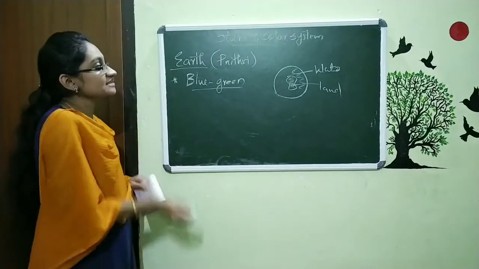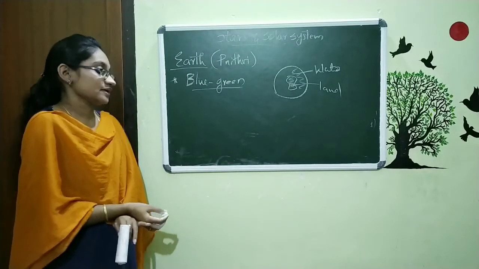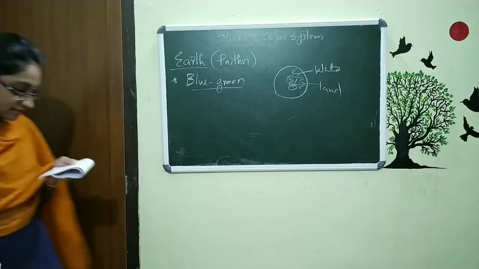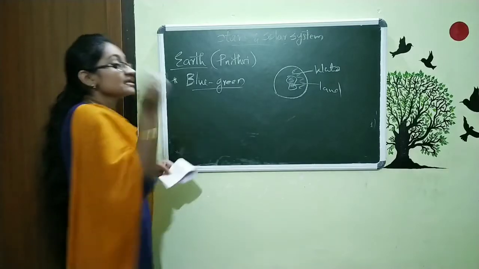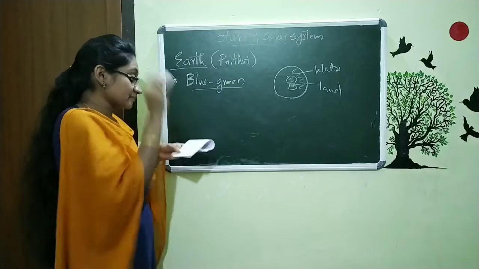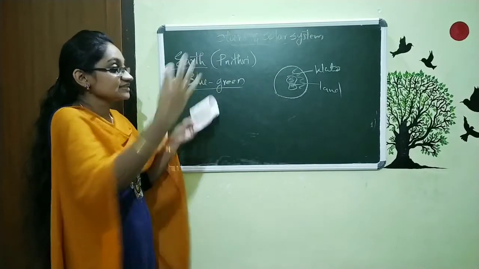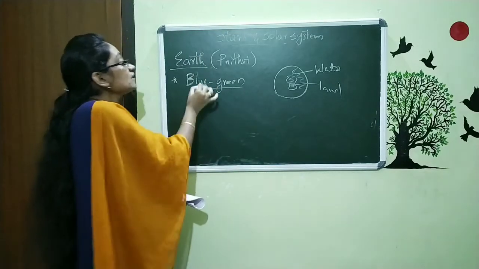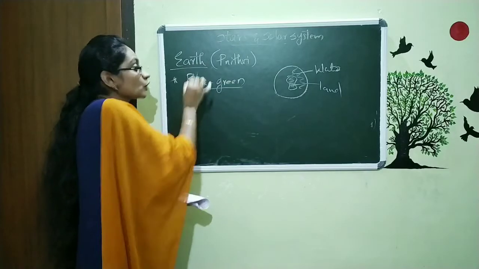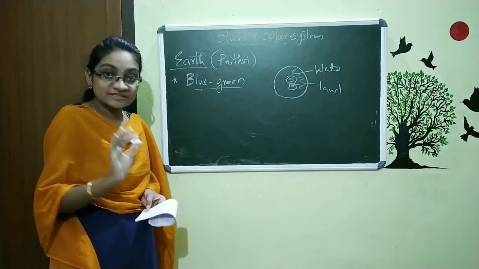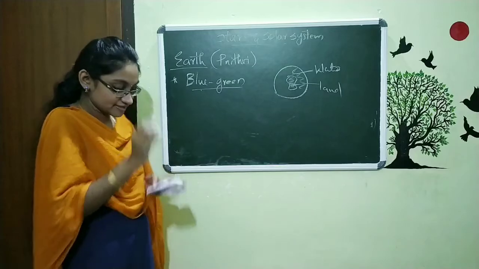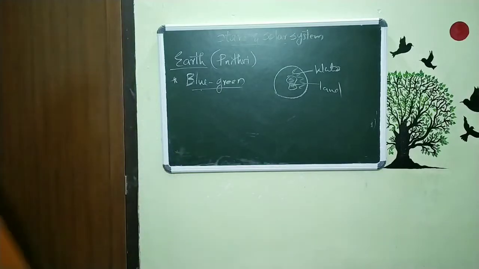That is why we are seeing Earth in blue-green color. That is about the color. Just put it in your mind that the reflection of sunlight from the water and the land at the surface of Earth is the reason for the blue-green color when we are observing Earth from space.